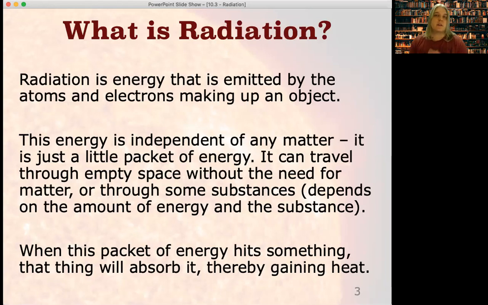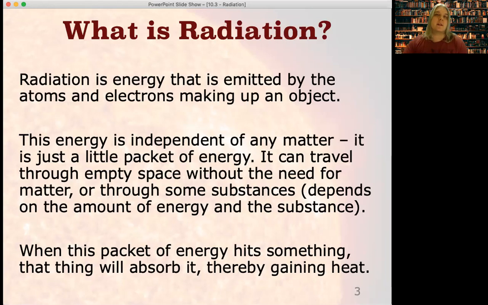As opposed to giving the energy to another particle, which is what we saw with conduction, or carrying it somewhere else, which is what we saw with convection, in radiation they just throw the energy away into open space, not into another atom or anything else. And that packet of energy just travels through anything. It will travel through empty space, or it can travel through other materials, in between atoms, and get through some substances.